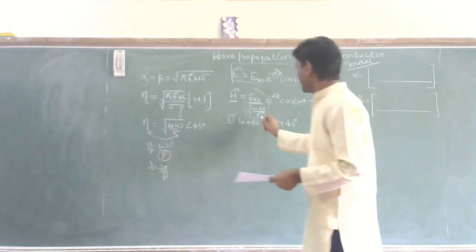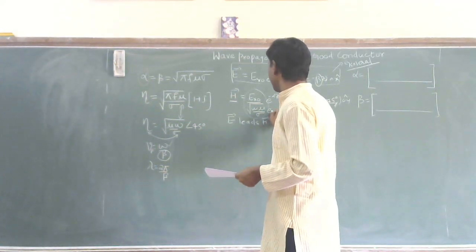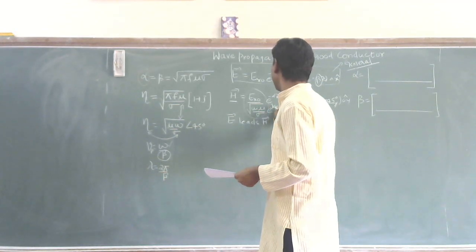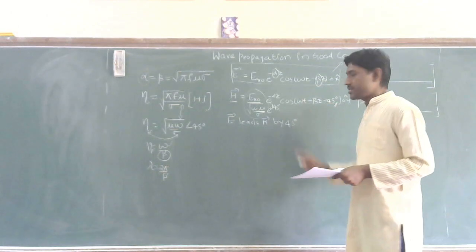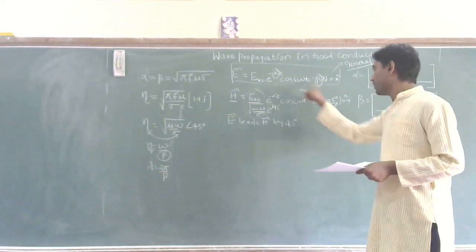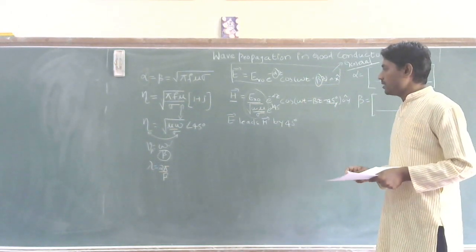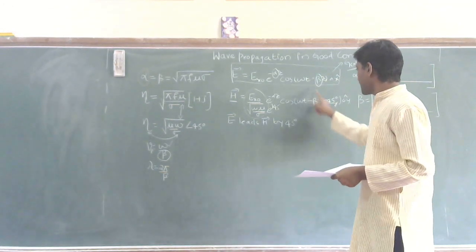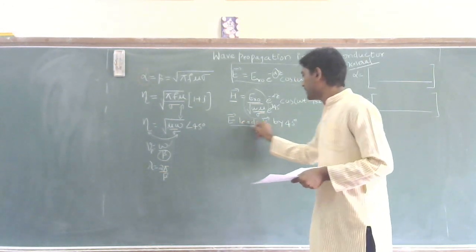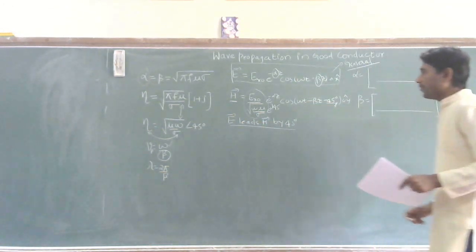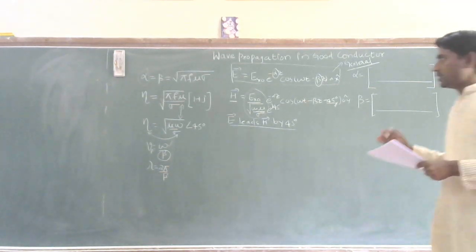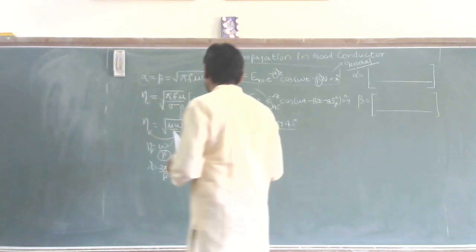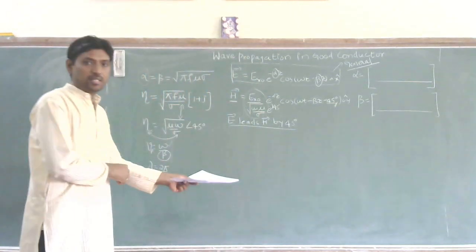This is a magnitude, and you have e to the power j45. When I take it to the numerator, it will be e to the power minus j45, and that is being observed here. From this expression, we could make out that E leads H by 45 degrees. So this is what we have seen in the previous class.